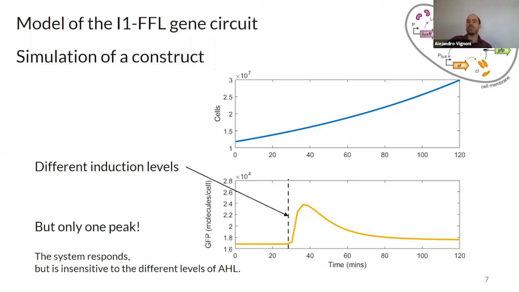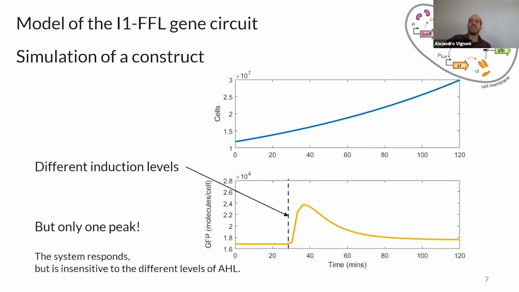So it was sensing from nothing to some value of AHL, but we were jumping to the other side of the Hill function, and we were not able to make a smooth path through the linear part of the Hill function, which is the sensitive part, the part that changes.